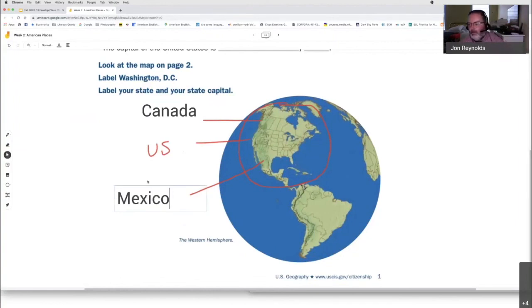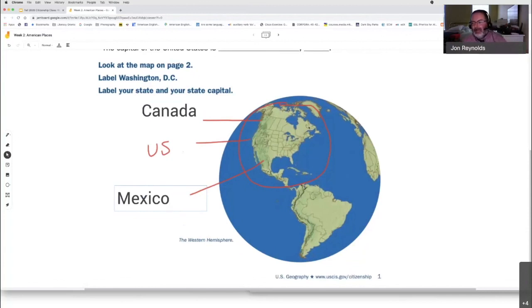So yes, now what's funny, guys, is that if you talk to a person from the United States and you say, are you an American? A person from the United States would say, yes, I'm an American. But what's interesting is if you talk to someone from Mexico, they might also say, I'm an American. People from the United States think they are the only Americans. But we forget that all of this is called North America.